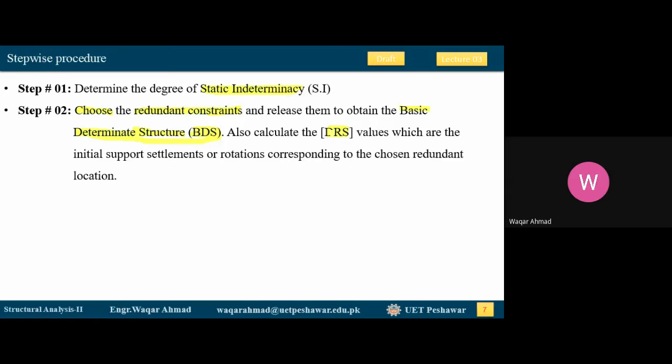Now, what is the DRS? The DRS are the values which correspond to the initial support settlement.